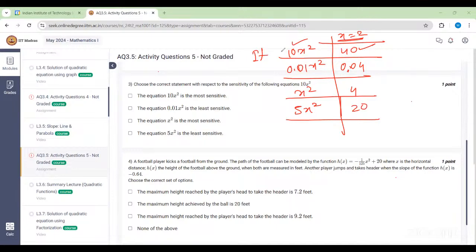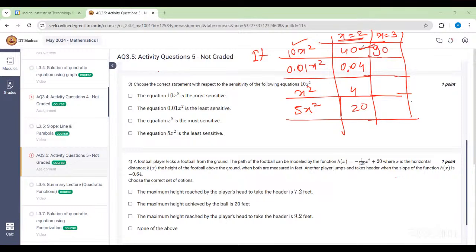All the others give us values lesser than this expression. So we can say that 10x square is the most sensitive, which means it will change very rapidly as we change the value of x. Suppose in place of x equals 2, I substitute x equals 3. Then I get 3 square into 10, which is 90 now.